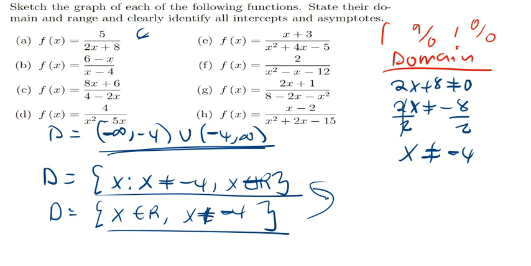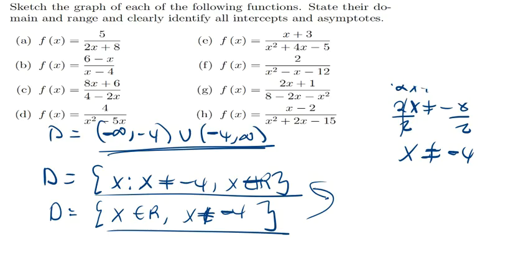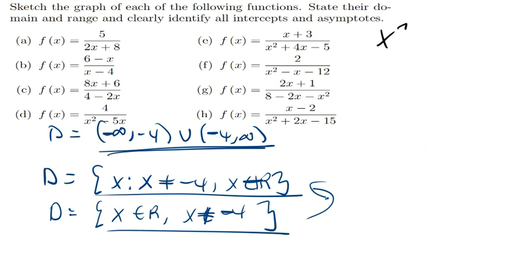Without wasting much of your time, let us find the domain of part 2. No, part 2 is the same as this other one. Let's go and find the domain of part E. Get the denominator: x squared plus 4x minus 5 not equal to 0.